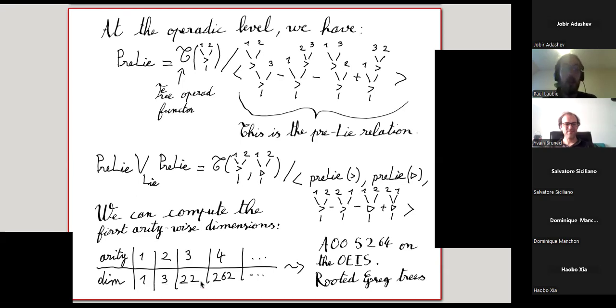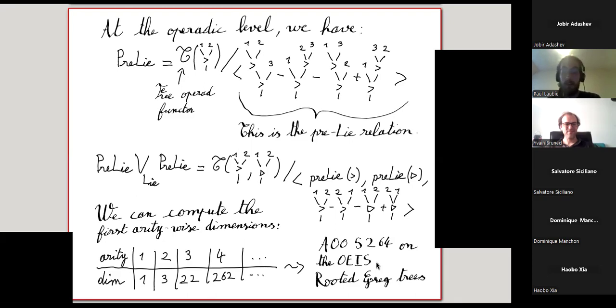In arity 3, we can compute the dimension and see that the dimension is 22. In arity 4, we can also compute the dimension and see that it is a kind of big number. But well, not that big, it is still doable. And what do we do when we have a sequence of numbers? We check on the Online Encyclopedia of Integer Sequences if this sequence has already been studied.